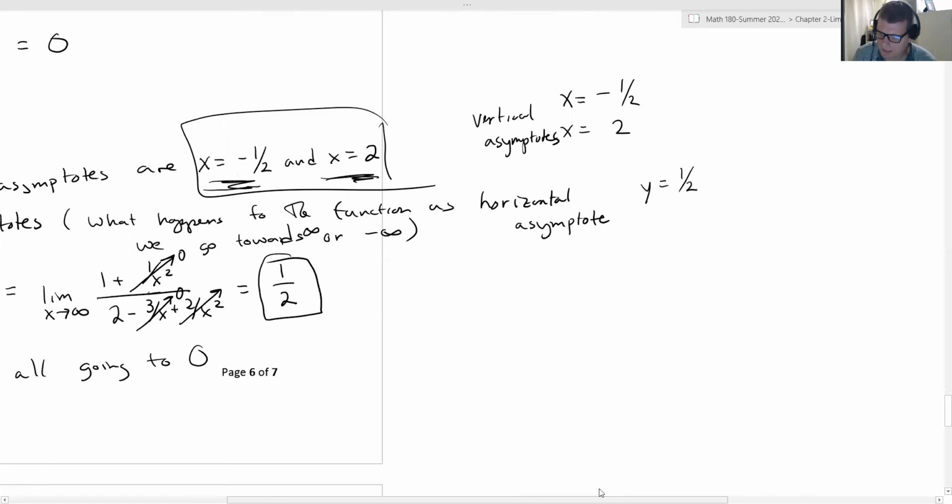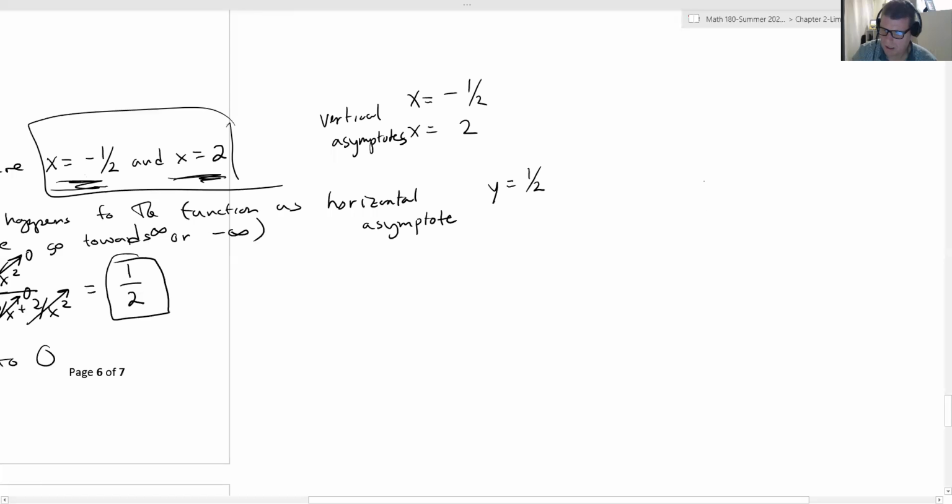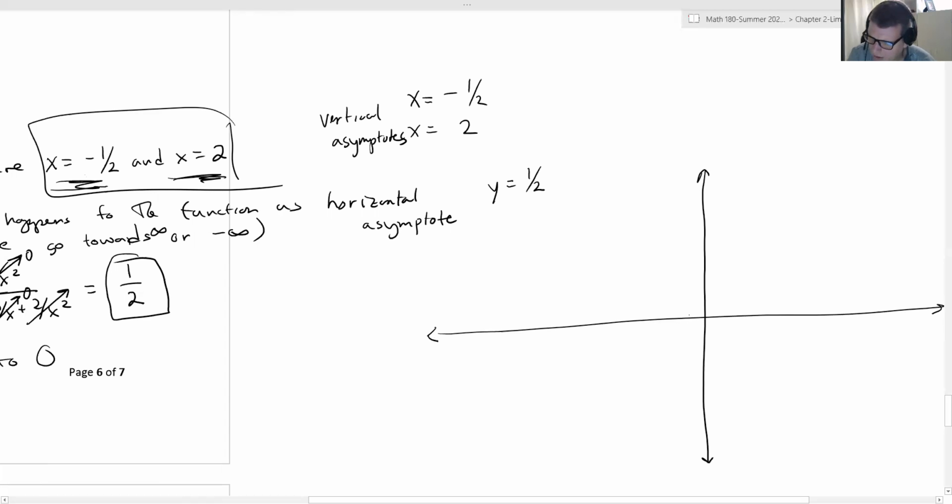Okay. So my sketch is going to have, here's 1. Let's say this is 1. This is 2. So I have a vertical asymptote at -1/2.